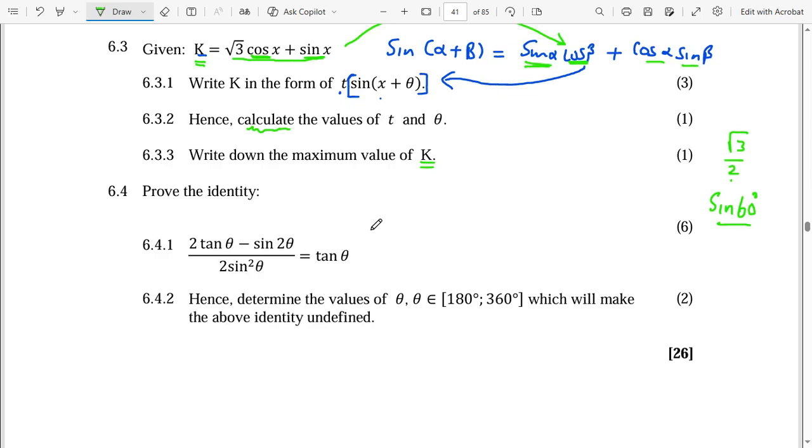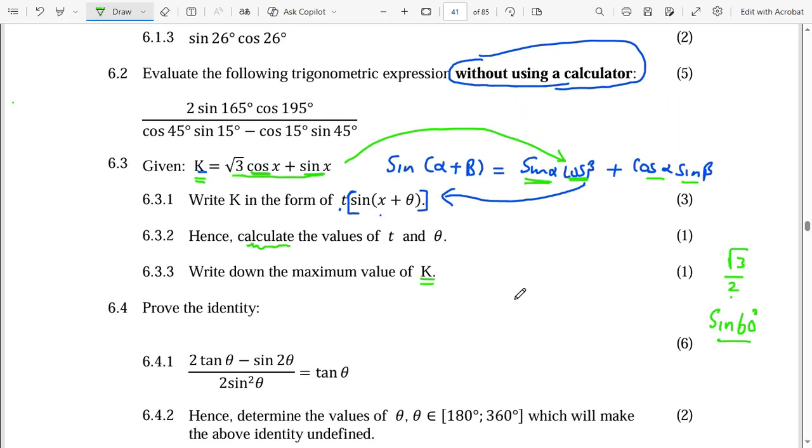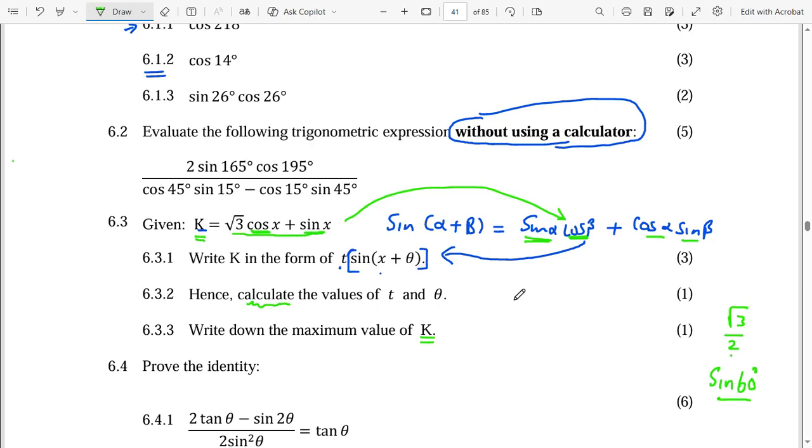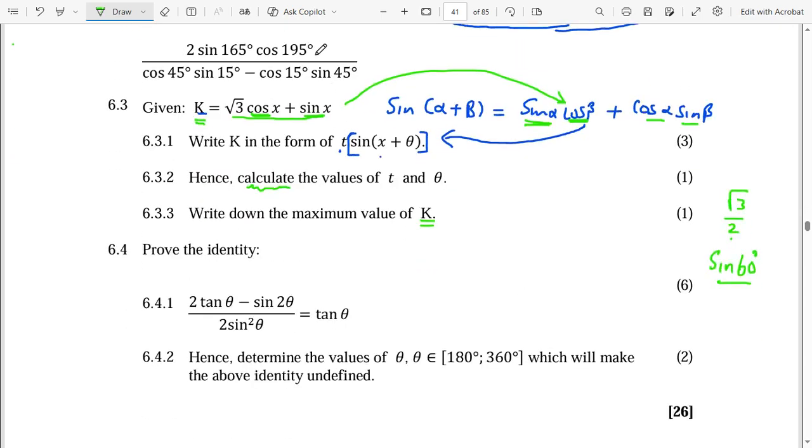Right. So when I'm done solving this, guys, I need you to comment, tell me which method you prefer. Which method is easy for you. Just put in the comment section, say method 1 or method 2. So let's see how many of you stayed until 6.4, because I know that most of the time, when you say that, hey, this question is too much for me, you just pass and go to the next video.